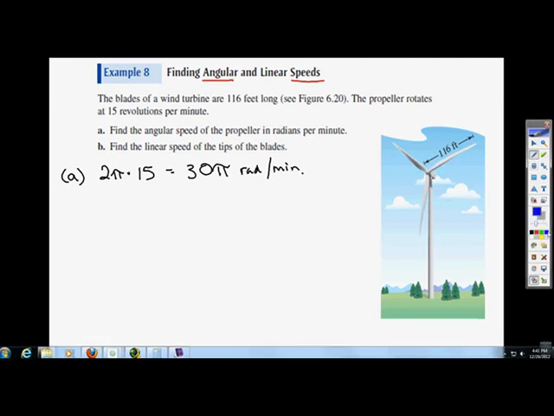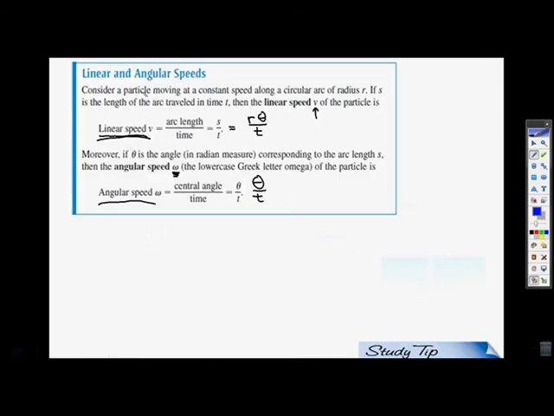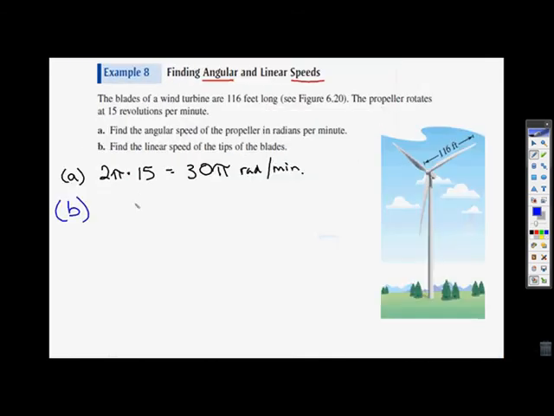For part B. Part B says find the linear speed of the tip of the blade. And that's a lot like we did in the last example. That is V is equal to R theta over T. V is equal to R theta divided by time. Well, now here our radius is 116 feet. Our theta, our angle that as this occurs, is we found in part A, 30 pi radians.